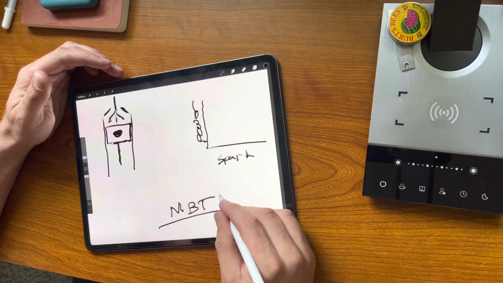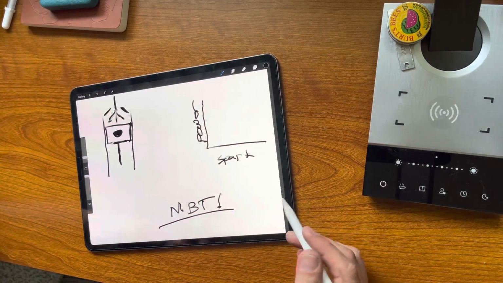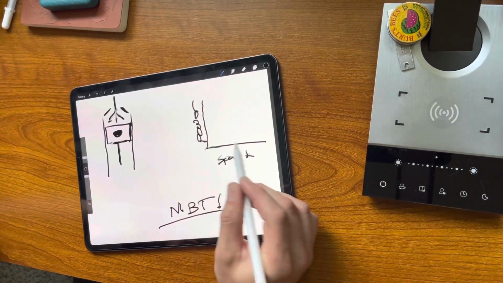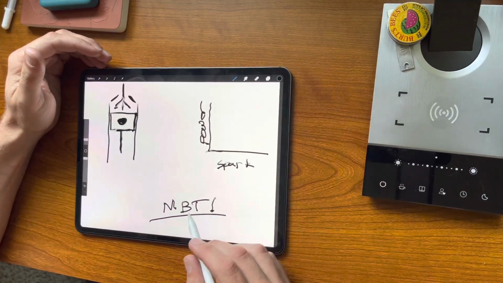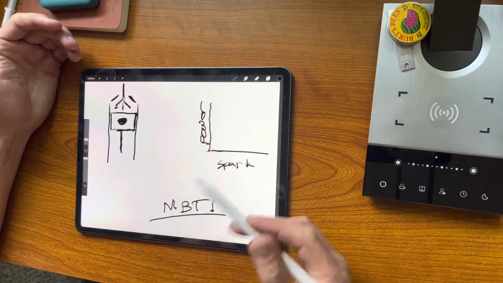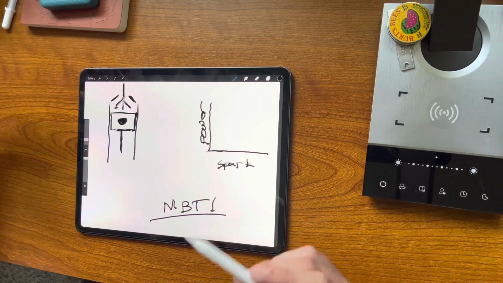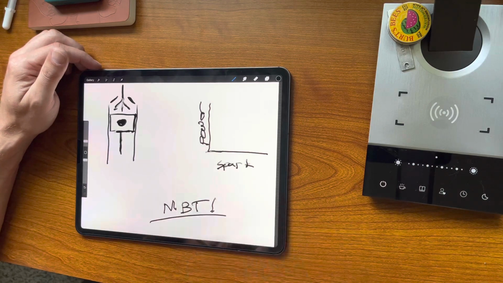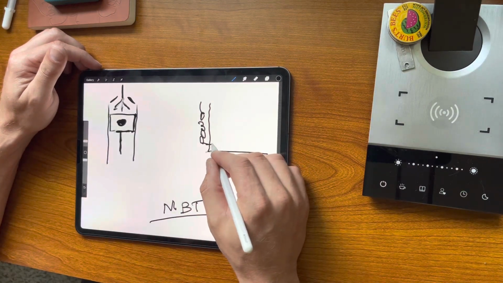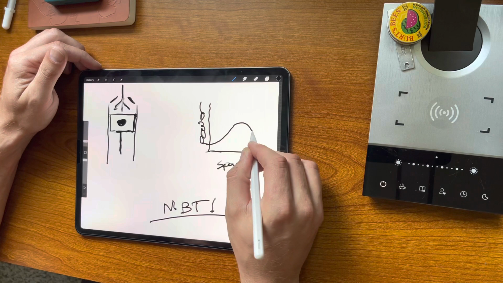Mean best torque is basically the amount of power that the engine can make via a certain spark timing. Mean best torque moves around depending on boost, depending on engine application, depending on all sorts of things, but basically it's your burn rate. So we're going to build a little wave here, all right?